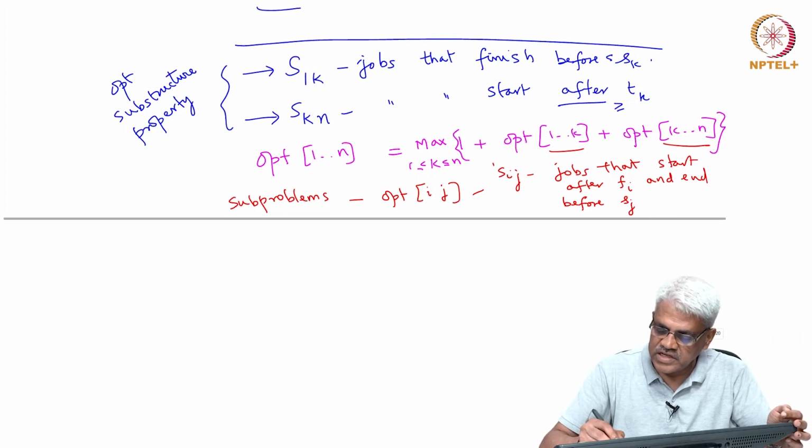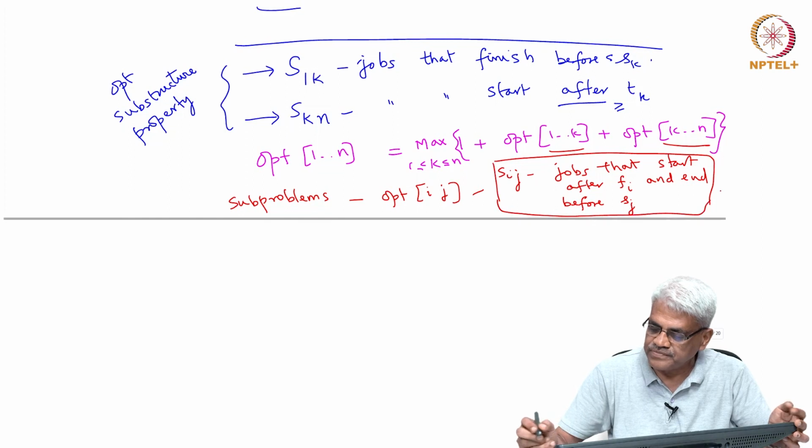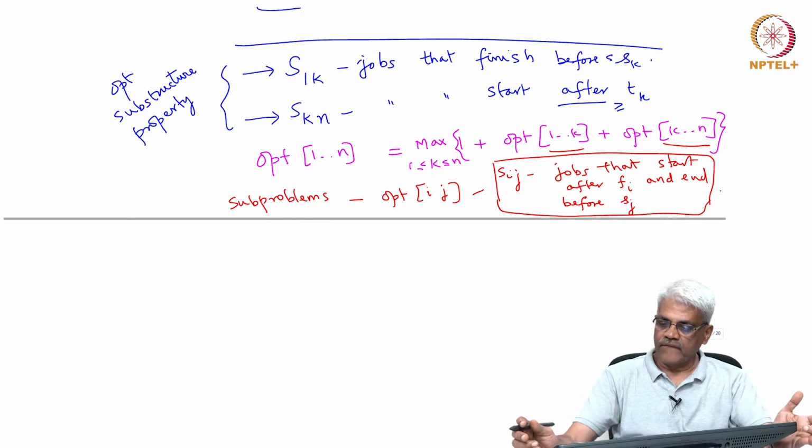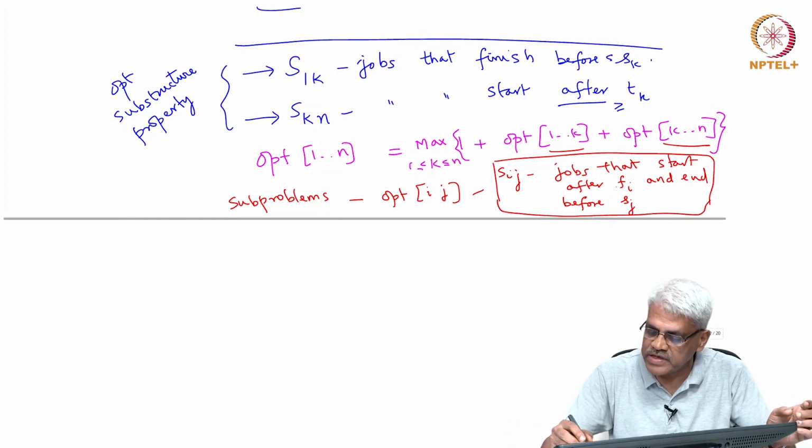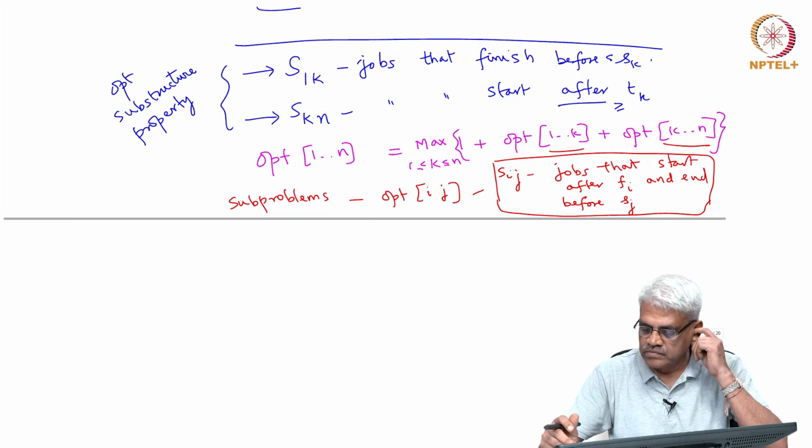Okay, so this is Sij. In that you try to find the optimum. When I say after, remember it's greater than or equal to, and before means it's strictly before.